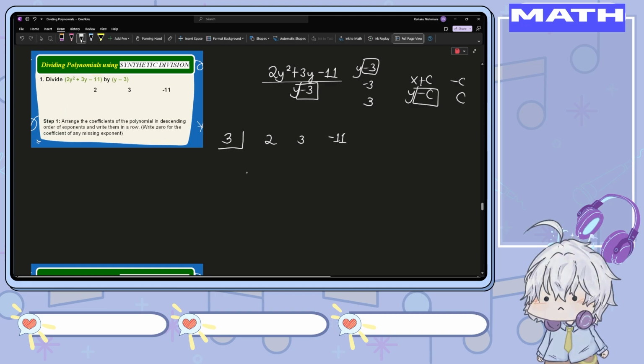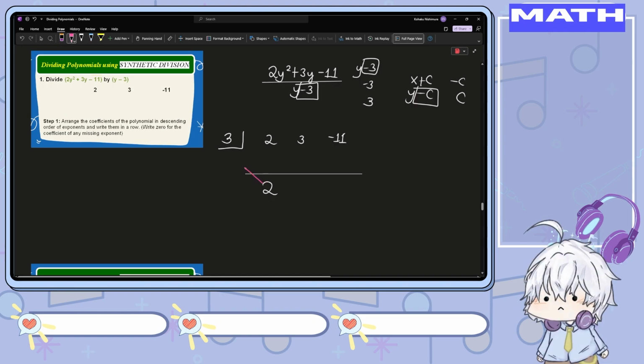The third step is that we draw this bar under 2, 3, and negative 11 and drop down the first one, which is 2. Next after that, we follow this step.